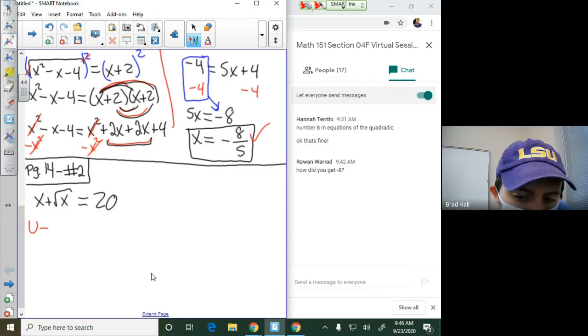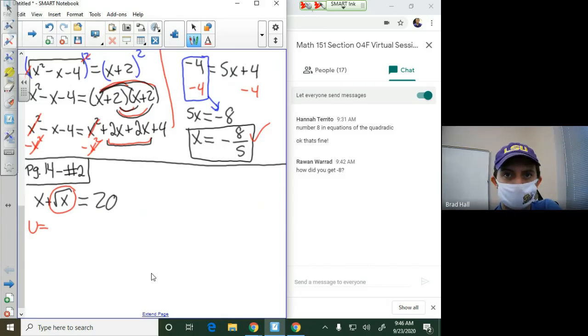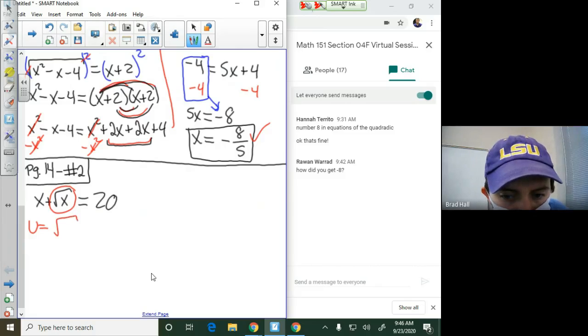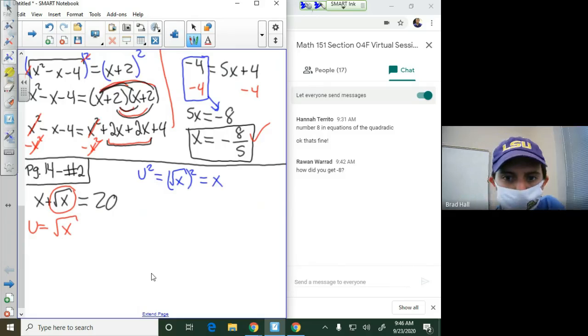So we're using U substitution. And as mentioned, normally the middle variable gives us an idea of what the substitution will be. This makes sense because if we were to square this expression, all we get is x, which is great because that tells us how to replace this one in front.